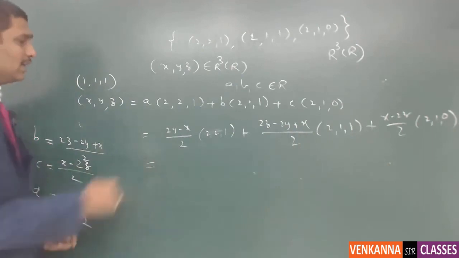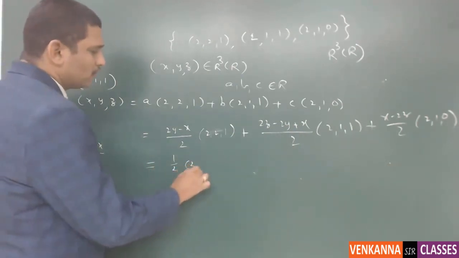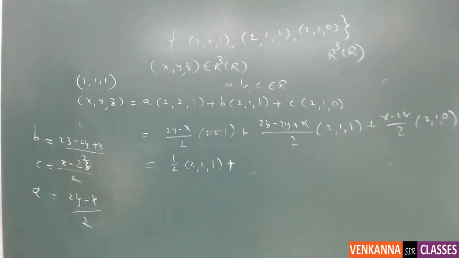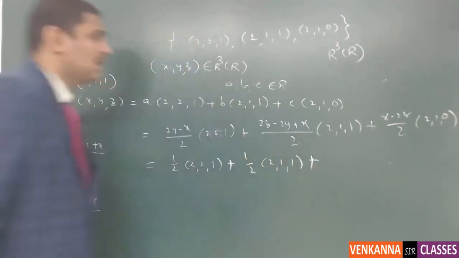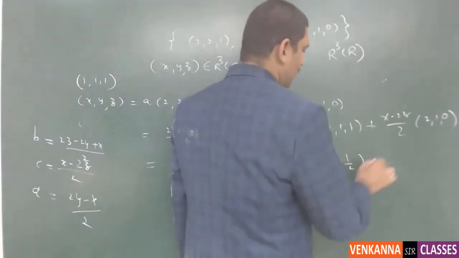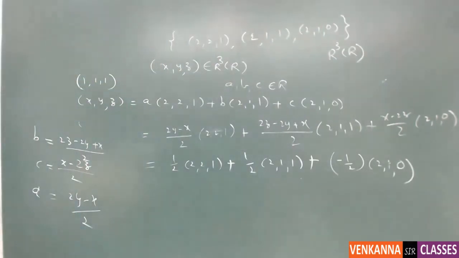So 2y minus x is nothing but 1 by 2 of the first vector. 2z minus 2y plus x by 2 is 1 by 2 into (2, 1, 1). x minus 2z by 2 is minus 1 by 2 of (2, 1, 0). It means that if you simplify these values, you will get (1, 1, 1). Accepted? Yes or no?